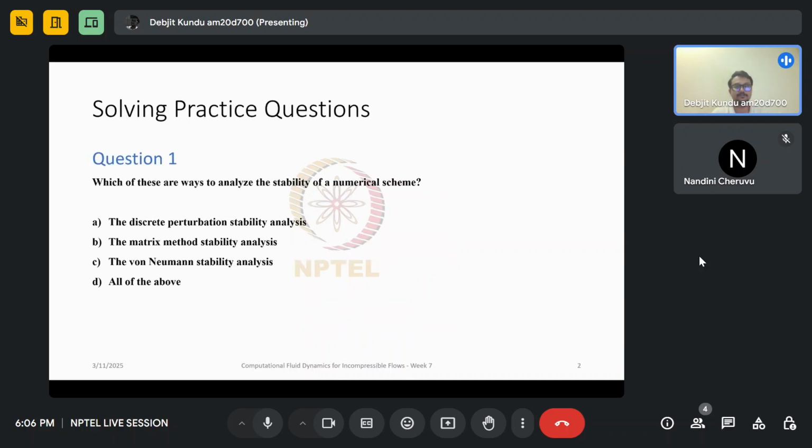Here's the first question of today's session, and by the way, this is how it works. There will be some questions, and we have got four or maybe fewer or more options given alongside them, which are possible answers to the question. We will read the question carefully, figure out the correct solution, and once we have done that, we can either type it out in the chat box, saying I think it's option B, or you can unmute and answer as well.